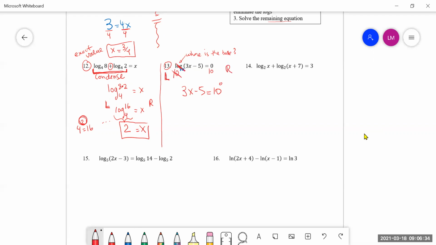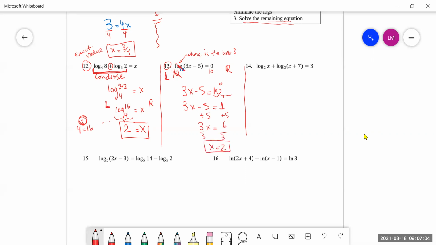So now I can evaluate: 10 to the 0 power is simply 1. So now I can simply solve the remaining equation. I'm going to add the 5 to the right. I'm going to have 3x equals 6, and I'm going to divide by 3 on both sides. We're going to have that x equals 2.